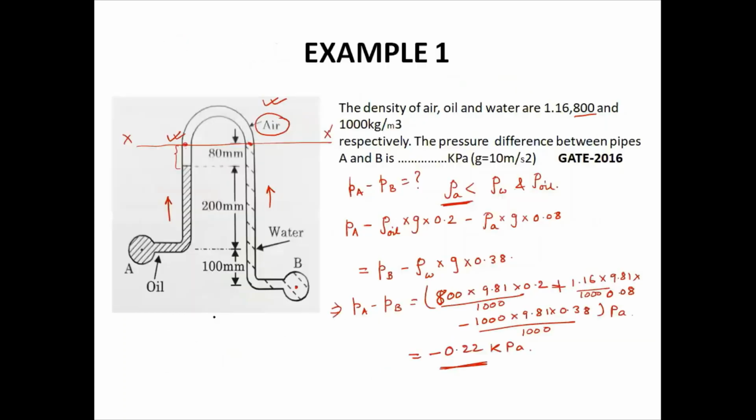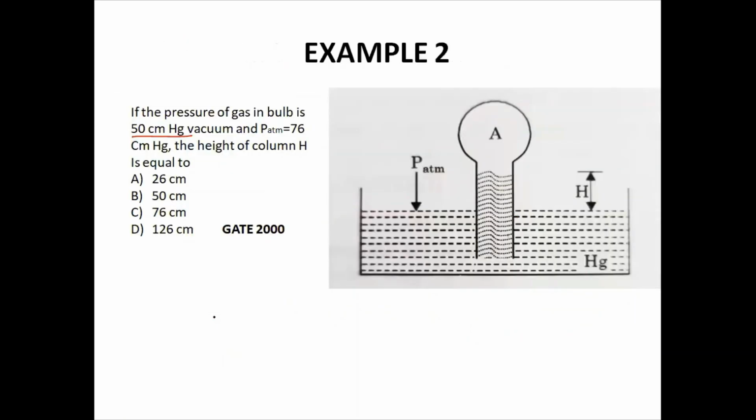Now, example 2, if you see here, says this bulb already has some vacuum of 50 centimeter Hg. What does it mean? It means that here the pressure is already 50 centimeters below the atmospheric pressure.